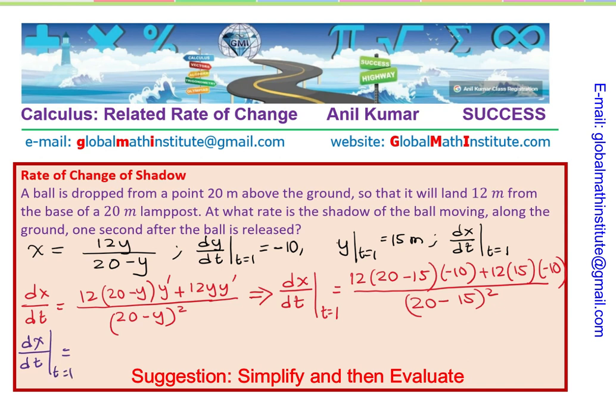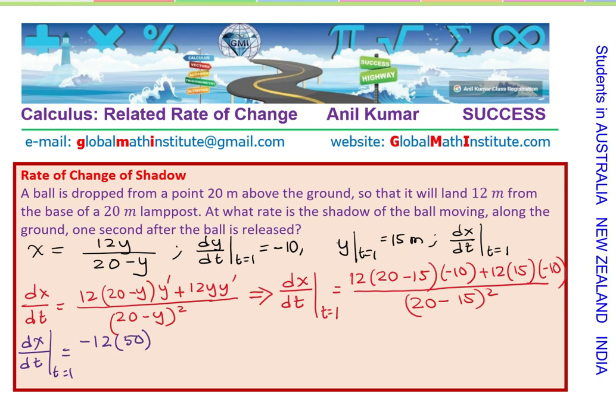So let's calculate. We get 12 times (20 minus 15, which is 5), so this is 5 times minus 10, which is minus 50.